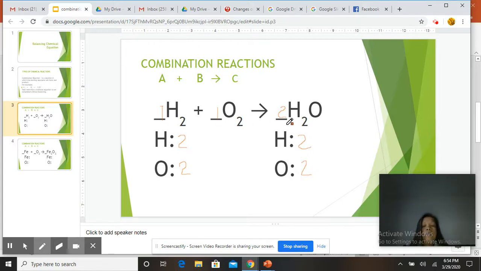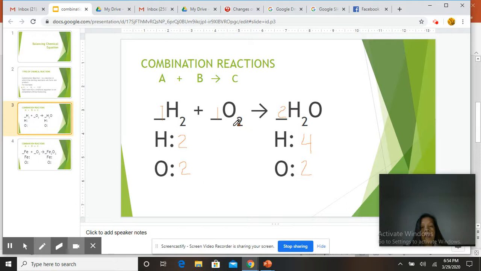Now, what did you notice? Hydrogen became 4. So therefore, we're going to erase this and make this 4. So again, 4. Now, where did I get the 4? Simple. 2 multiplied by 2 is 4. Now let's go back to the reactant side.